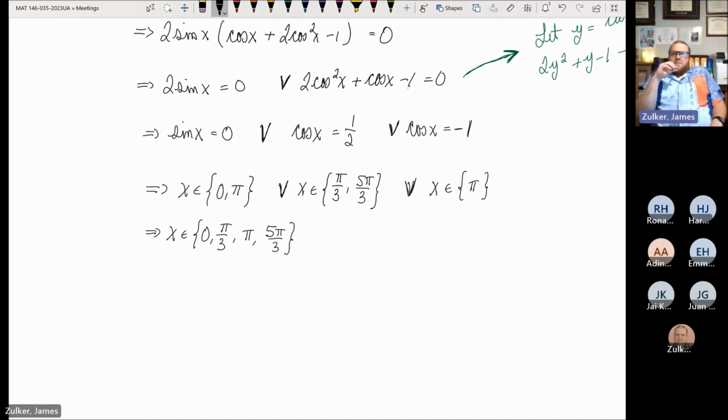So we have 4 solutions: 0, pi over 3, pi, and 5 pi over 3. Notice I don't need to list pi out twice, but it has a multiplicity of 2.